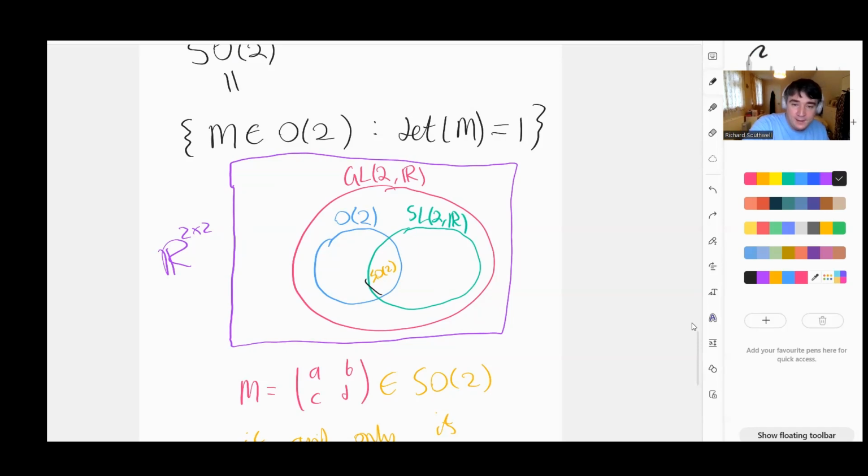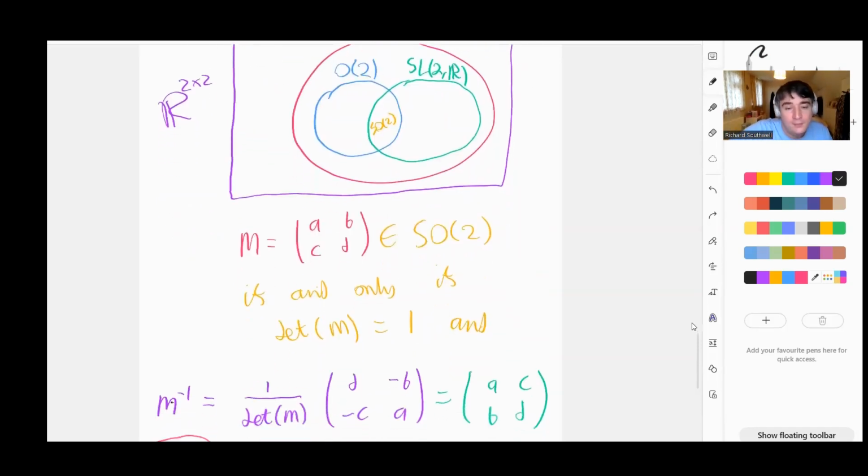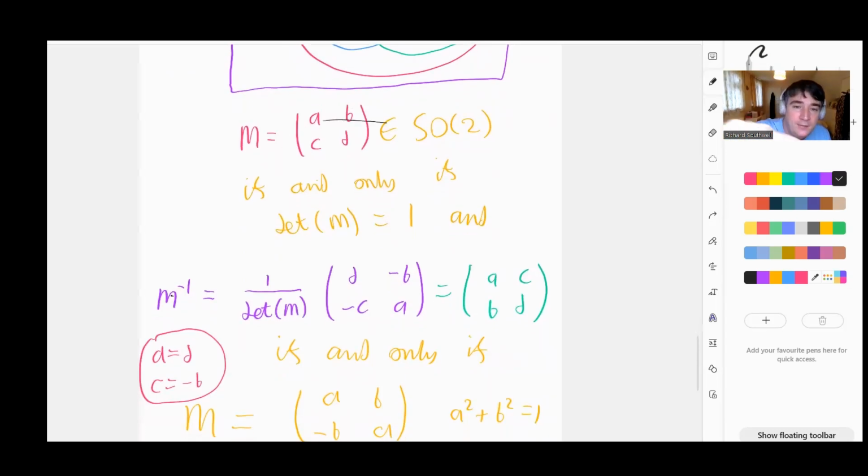So we can see that SO2 corresponds to this unit circle as follows, right? So we know that this matrix here is going to be in SO2 if and only if it's got determinant 1 and its inverse, which we have a formula for like this, is equal to the transpose of the matrix, which is here.